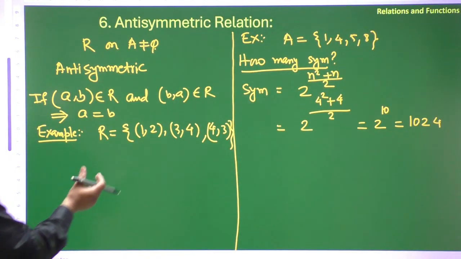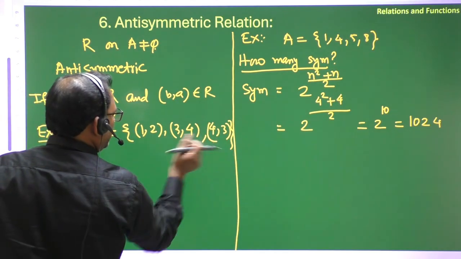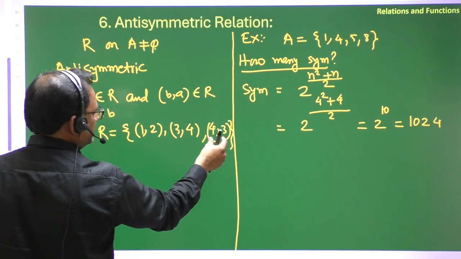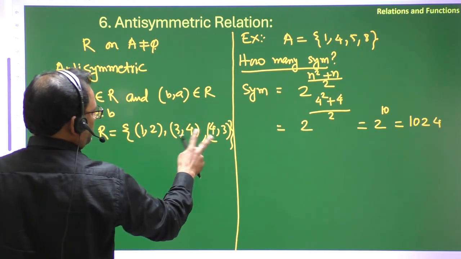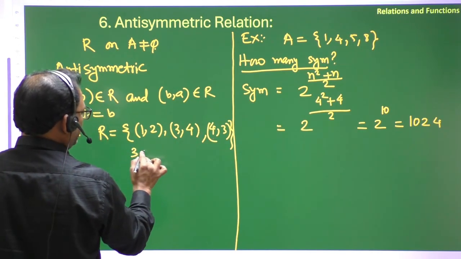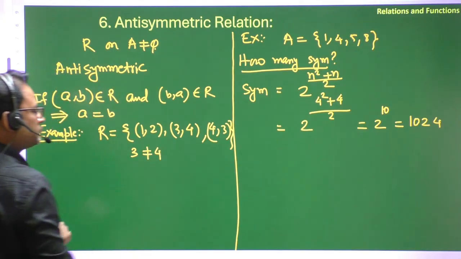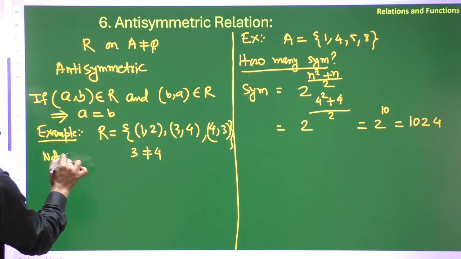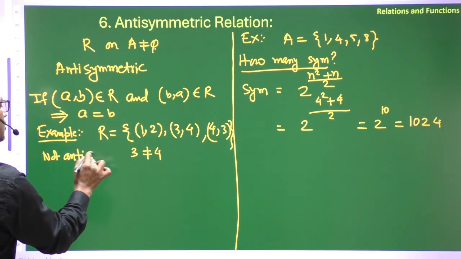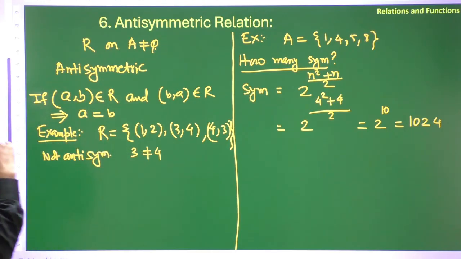You notice that (a, b) is present and at the same time (b, a) is present. But 3 and 4 are not equal, so it is not antisymmetric. Clear? If (a, b) and (b, a) are both present at the same time, they must be equal.